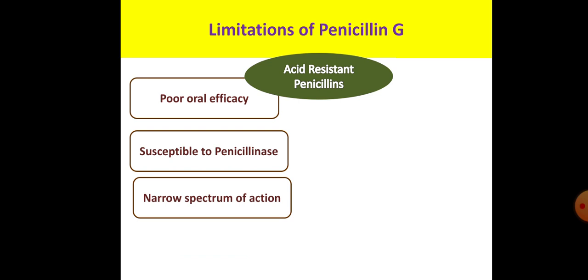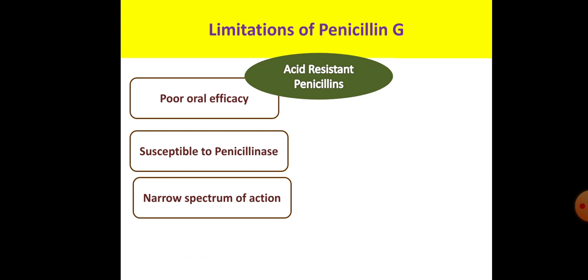Susceptibility to penicillinase. Now just look at this story, which is very interesting. Initially by serendipity we came up with an antibiotic, that is penicillin. Then the organisms found out that this beta lactam ring is responsible for its antimicrobial action. So they found one enzyme that opens the beta lactam ring. So they produce penicillinase.